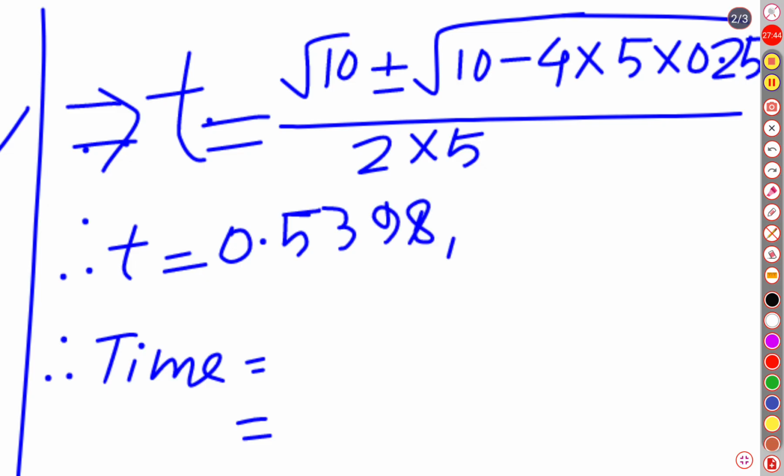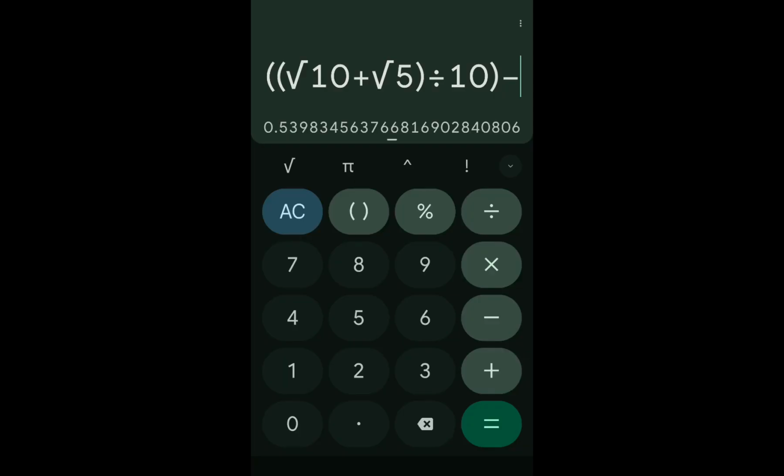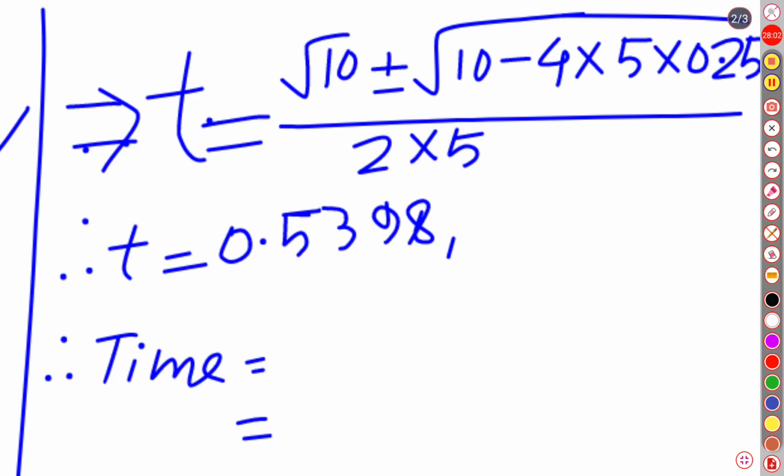Then the second value of t, with the negative symbol in between them, is going to be 0.0926.